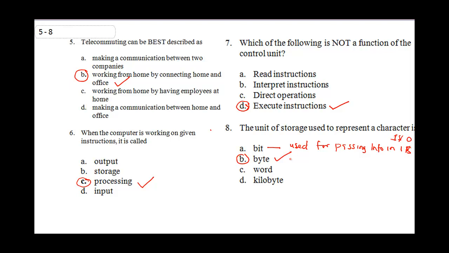Okay, now a byte is the basic unit of storage of a computer. That's why we say how many kilobytes. So the correct answer is a byte. It's not a word. A kilobyte contains 1024 bytes. So know the difference. So the correct answer is byte.